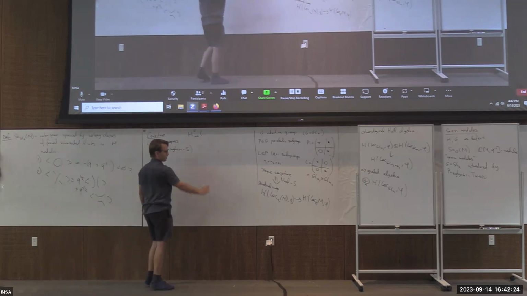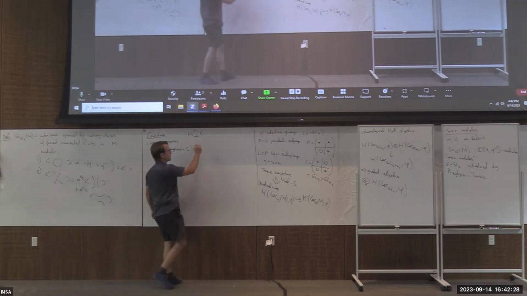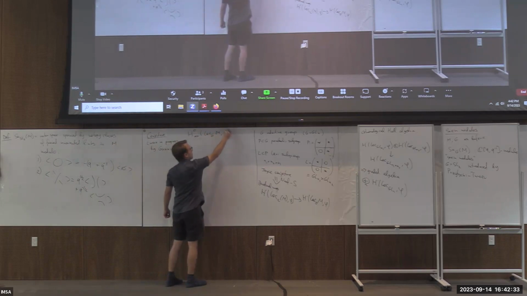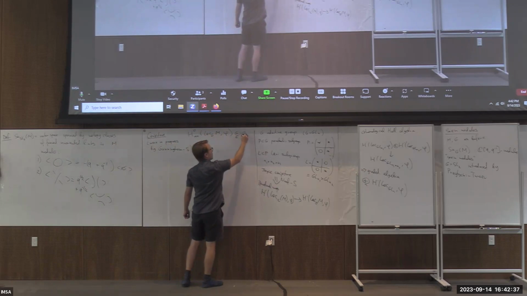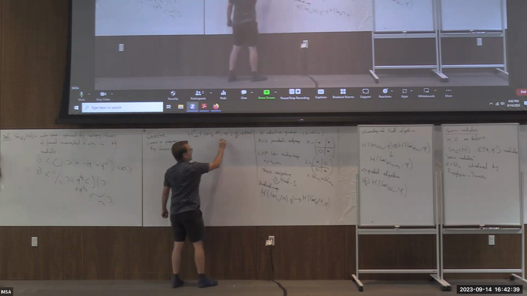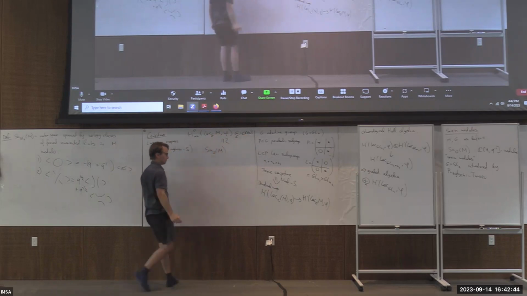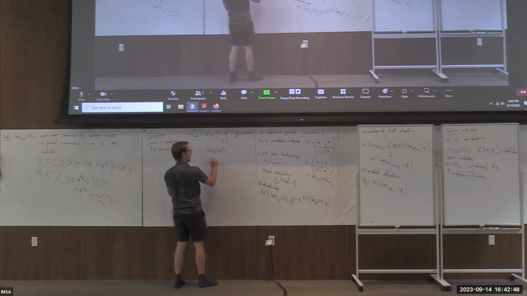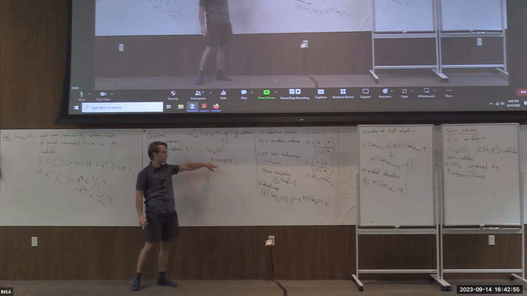There are some technical thoughts about what you mean by cohomology of the stack. But you look at the top cohomology, and the claim is that what you get is actually the same as the skein module. So let me just parse this. The skein module involves this variable q.